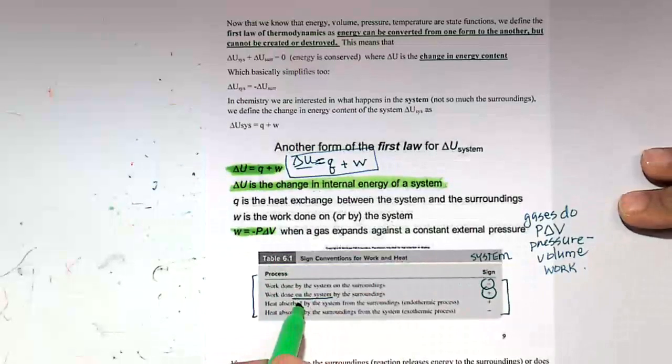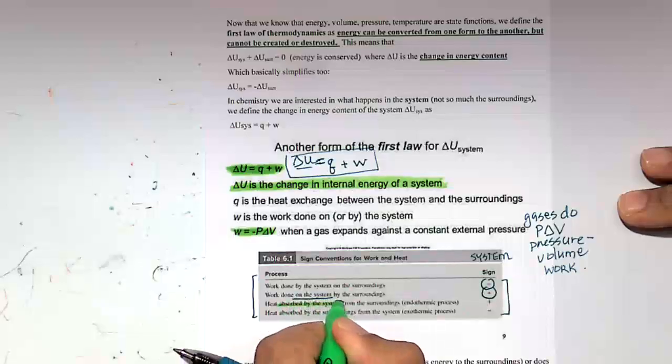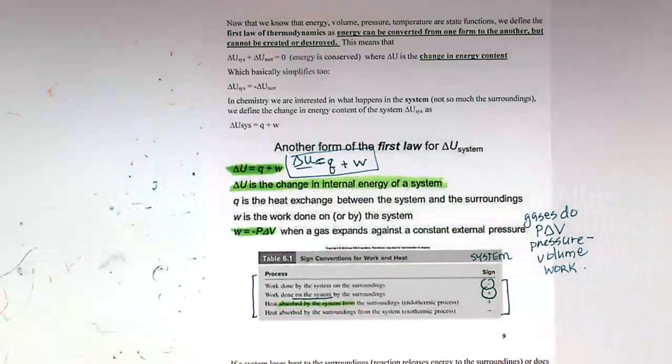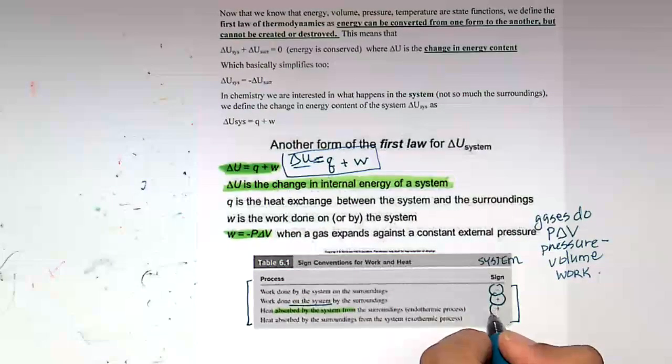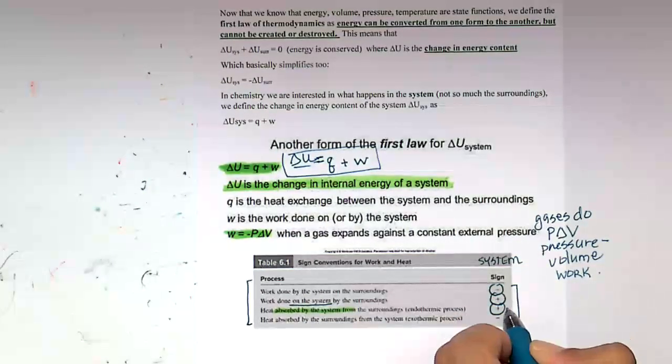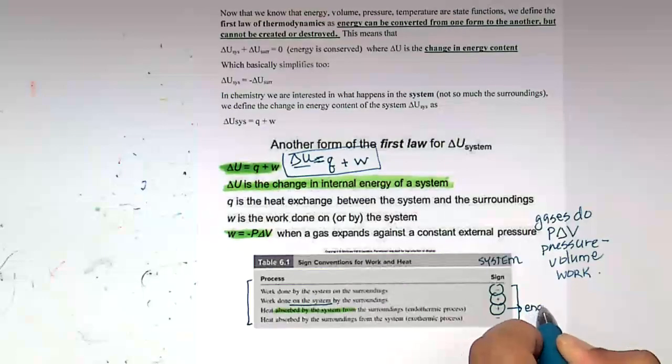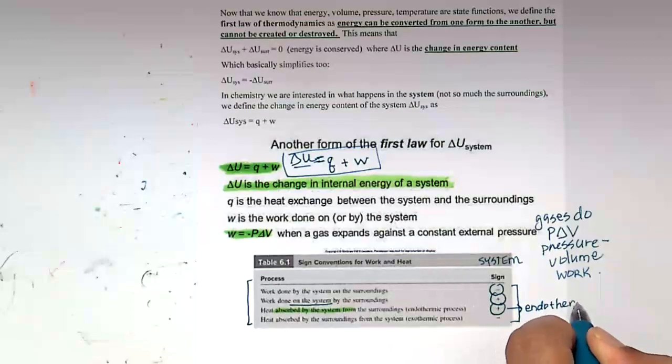Heat absorbed by the system, by your reaction: what sign will that be? Positive. What do we call this reaction? Endothermic. Good.